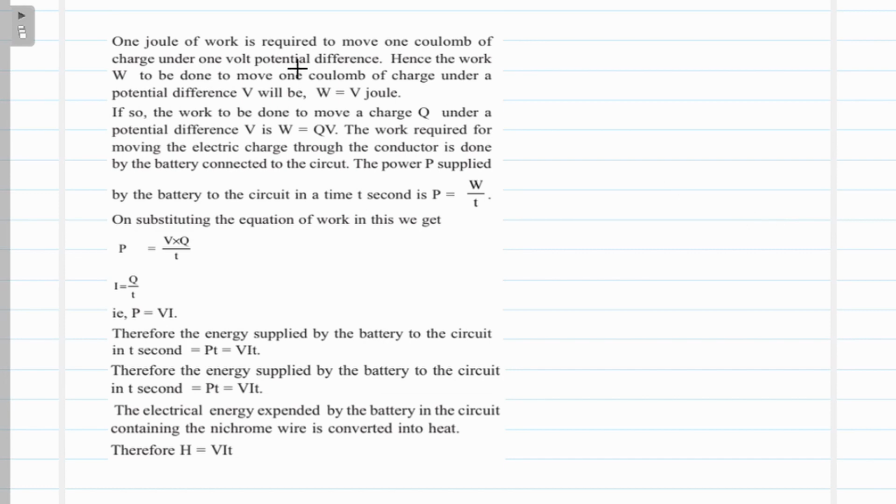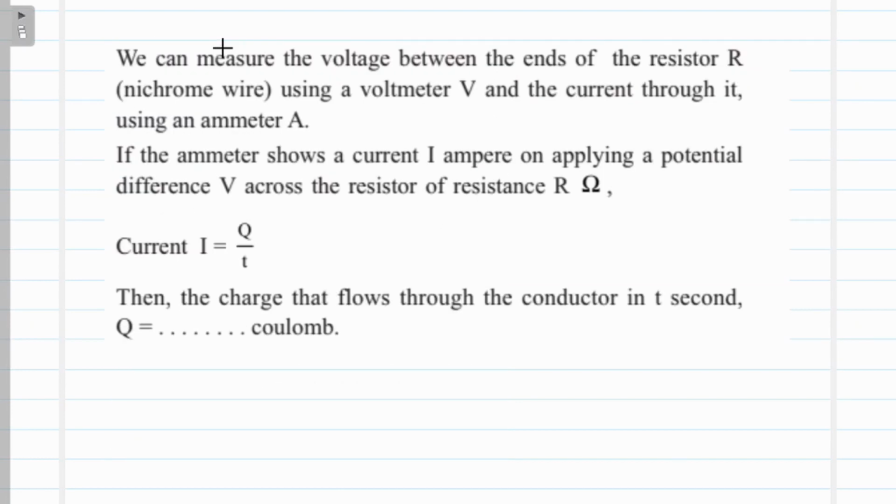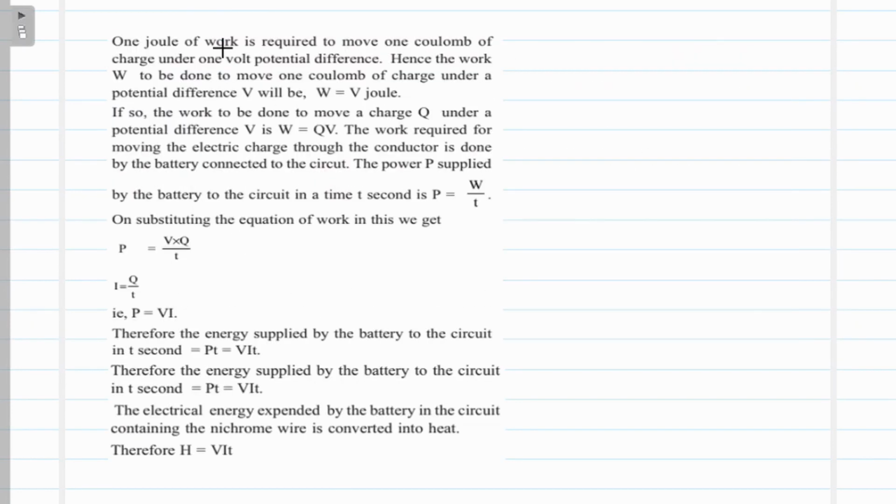Then 1 joule of work is required to move 1 coulomb of charge under a 1 volt potential difference. That means if we want to move 1 coulomb of charge under a 1 volt difference, how much work is required? 1 joule. Got it?